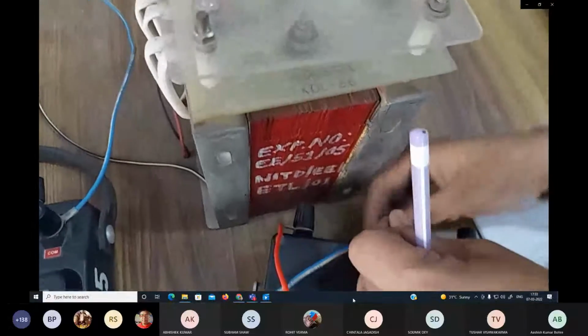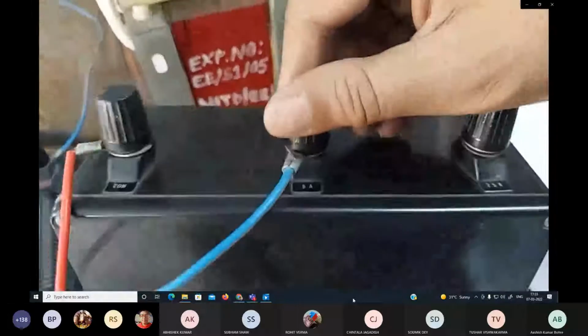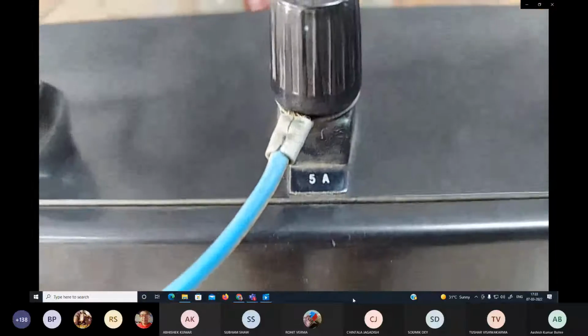After that, the ammeter is connected to the 5 ampere range, because the full load primary current will be approximately 4.5 amperes.